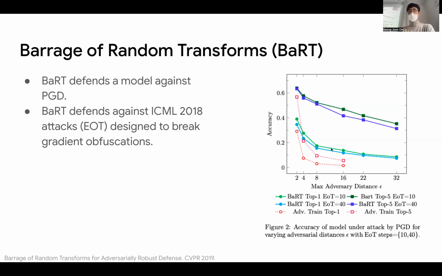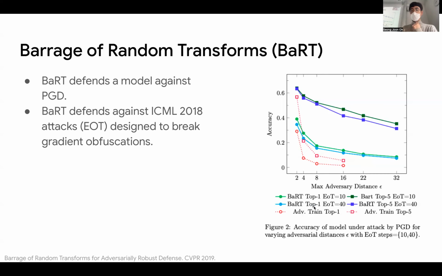Even after expectation over transformation, their claim is that the performance does not drop too much. We can probably just look at top 1 here, and top 5 is following the same trend, so we can disregard that part. If you just look at top 1, EOT 10 and 40, we still see that even after preparing against 10 different transformations or 40 different transformations, the attacker cannot push the scores all the way down to 0.